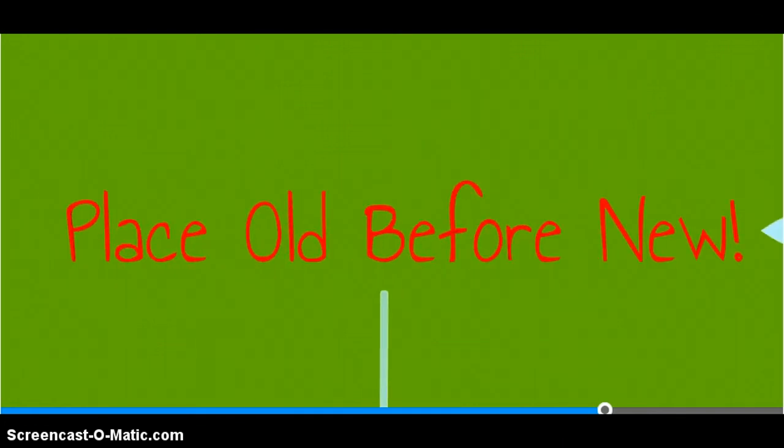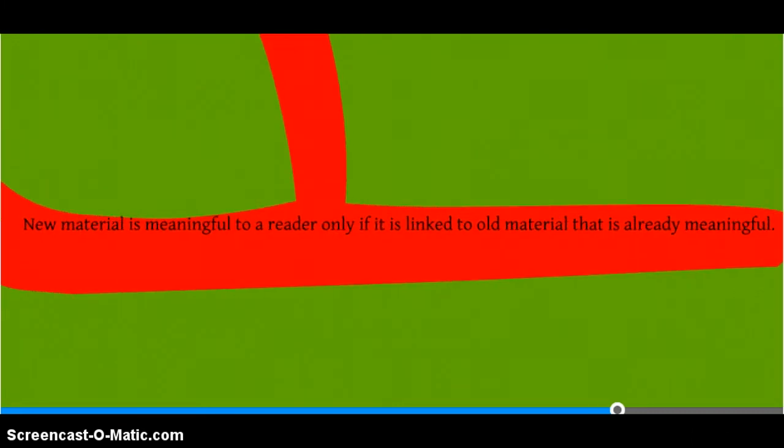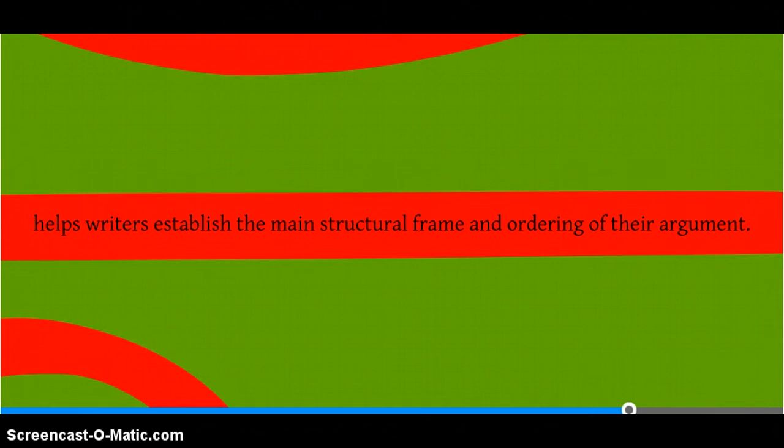Finally, academic writing requires that you put old information before new information. New material is meaningful to a reader only if it is linked to old material that is already meaningful. This principle of old before new helps writers establish the main structural frame of their argument and how it will be ordered.